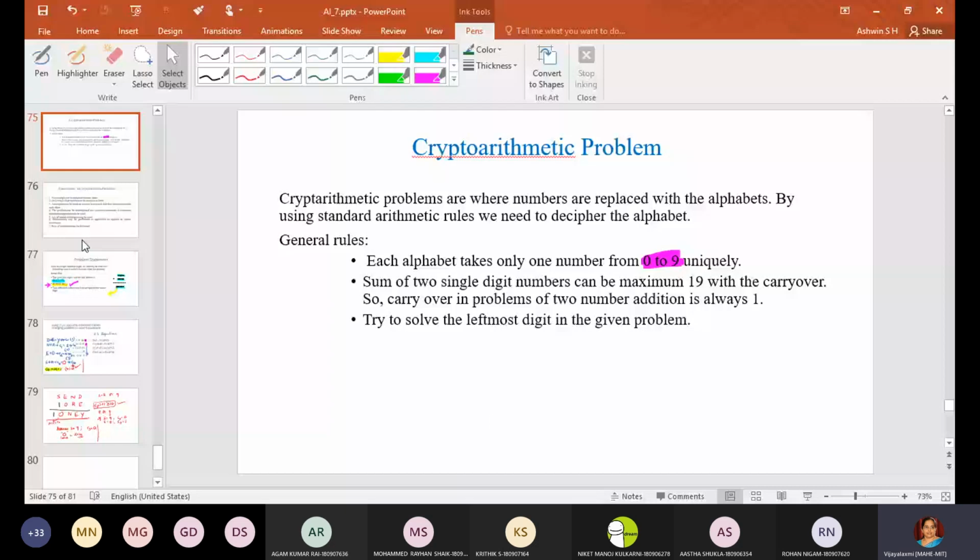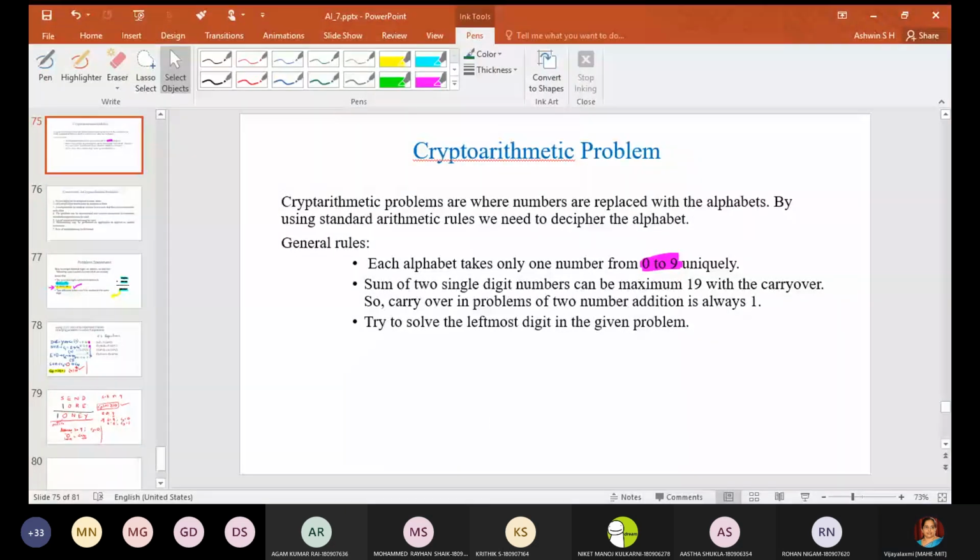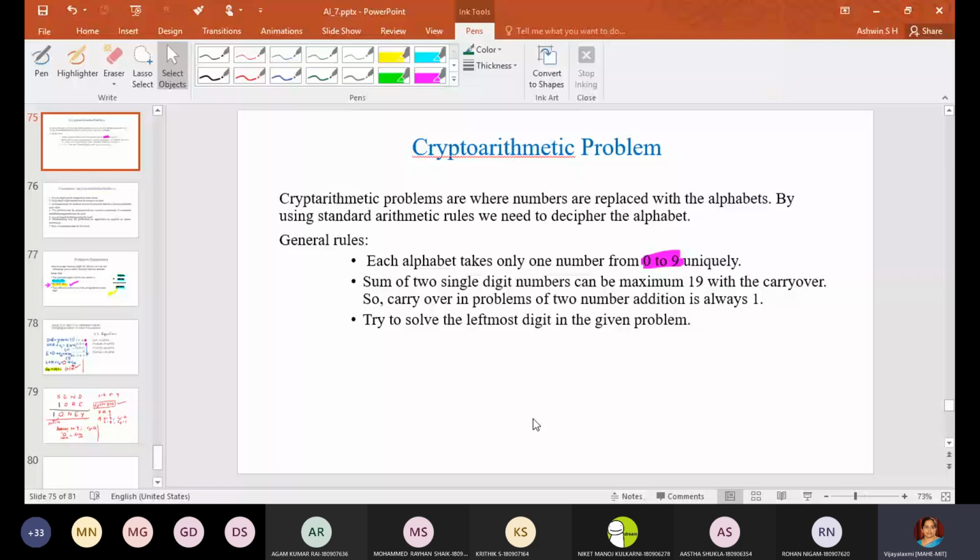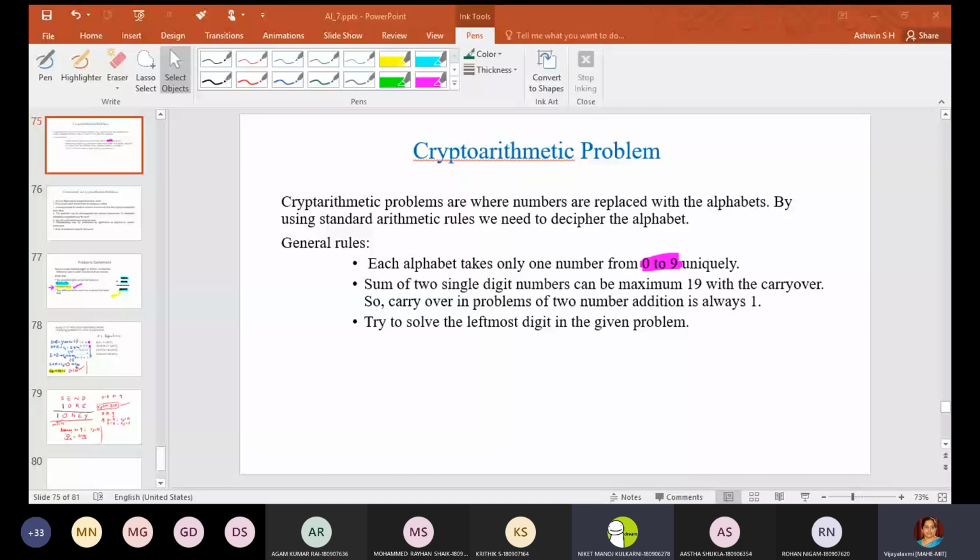This is the assumption, Nikhil. Okay, ma'am. With the carry other than 1 we can do it, but in these general rules of crypto arithmetic, we assume it to be 1 only.